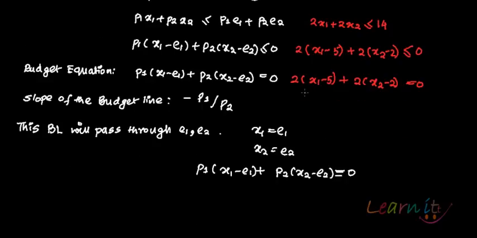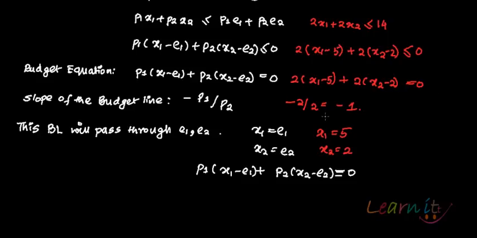Now what is the slope of this budget constraint? Minus the coefficient of x1 upon coefficient of x2, which is minus 2 upon 2, equal to minus 1. Now you could see that this equation would be satisfied if x1 is equal to 5 and x2 is equal to 2. You can substitute it back and you will get an expression equal to 0.